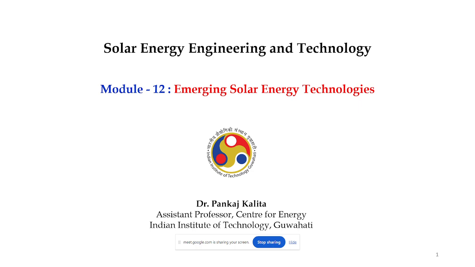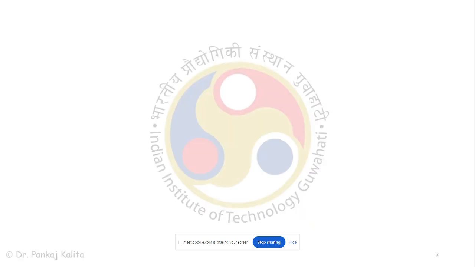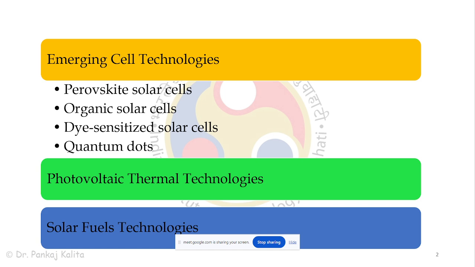In this particular module, the lectures are mainly focused on emerging solar energy technology, particularly different types of solar cell, then PV plus thermal technology, and then some solar field technology. Other than that, we also have different applications of solar thermal, in the case of the vapor absorption cycle and all that, which is discussed in the next lecture.